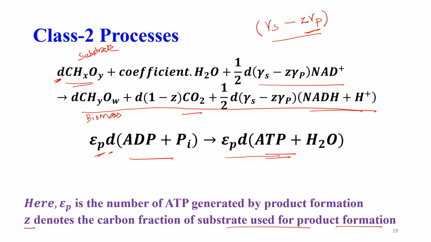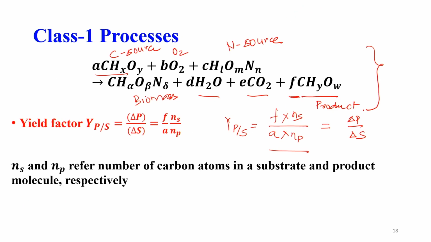So, these are the two classes. In one case the product formation is related in terms of degree of reduction and carbon fraction, and in the first case, through this stoichiometry relationship, there is a biomass and there is a product in the same equation.